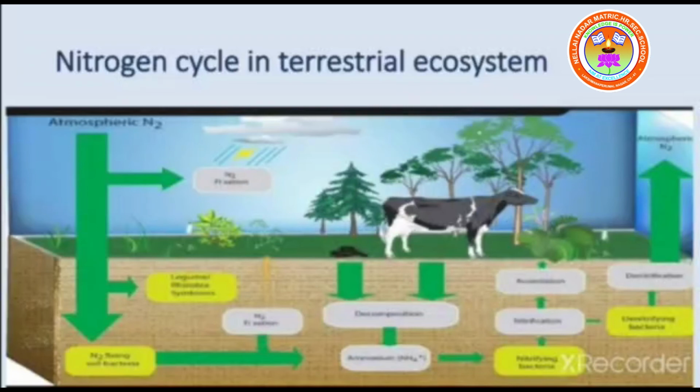Due to geological uplift, these sedimentary rocks move to land. Initially, it was not known that these nitrogen-containing sedimentary rocks are an essential source of nitrogen, but recent research has proved that the nitrogen from these rocks is released into the plants due to the weathering of rocks.